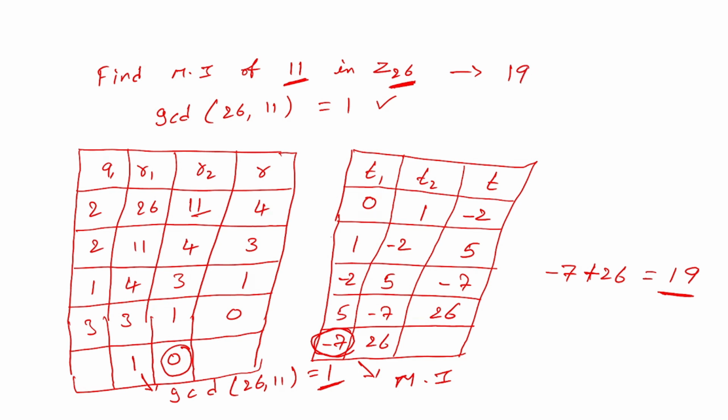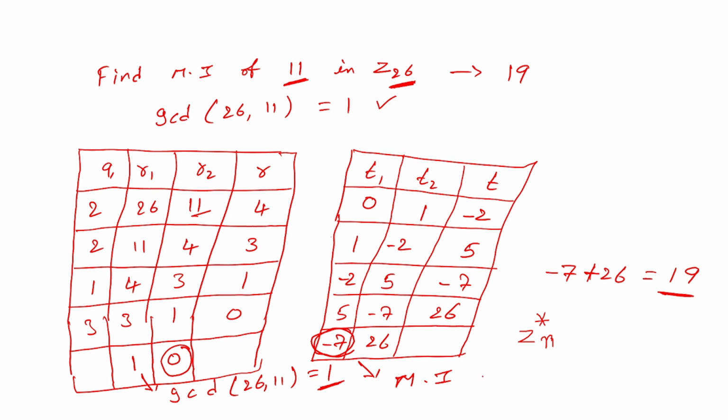So the answer is 19. The set of values that contain multiplicative inverses in Zn is called Zn star. Zn star means the set of values that contain multiplicative inverses.